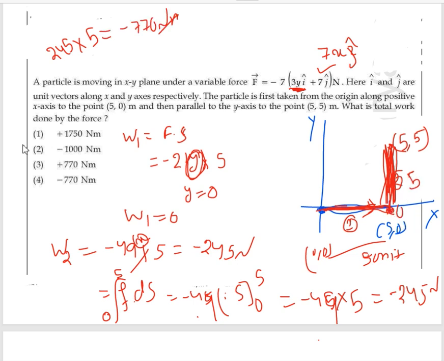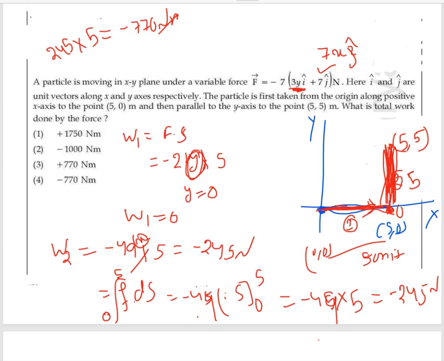So that's option D. It slightly changes the question: the force will become minus 7 whole into 3y i cap plus 7x.